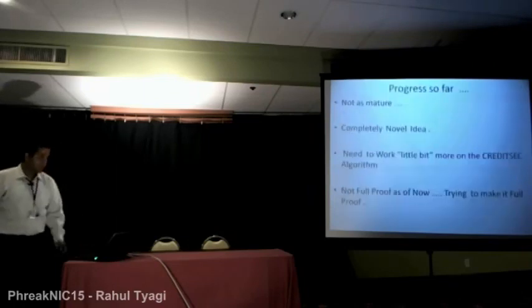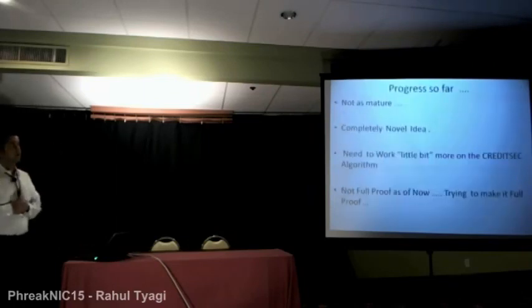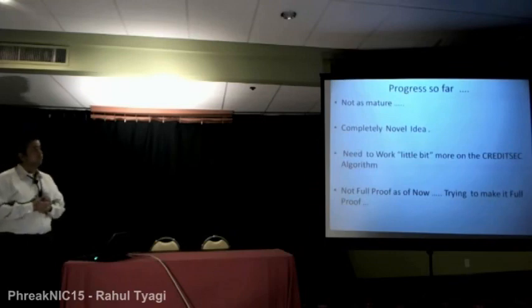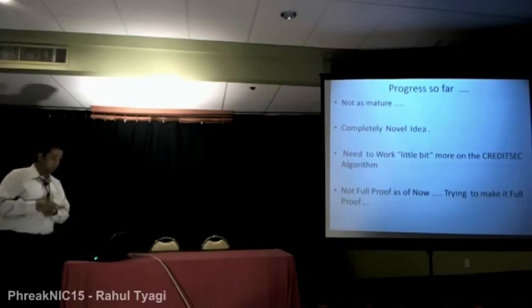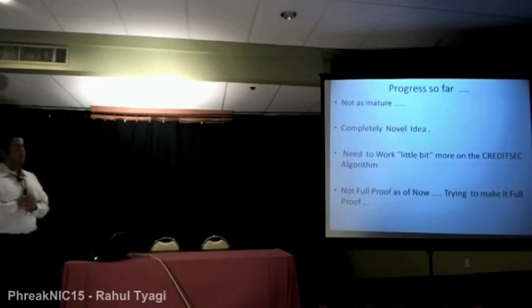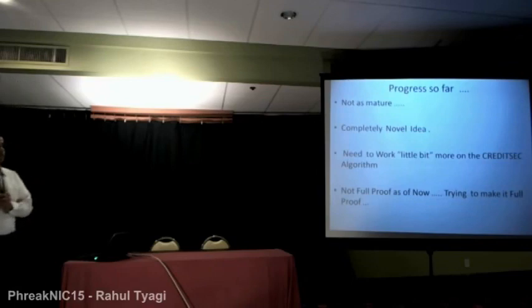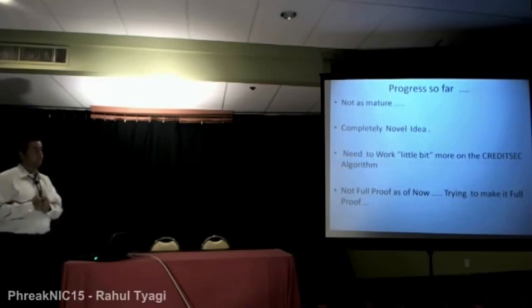The progress so far is that it's not as mature. I've been working on this for 7-8 months, but I've been active on it for only 1 or 2 months. It's a completely novel idea. I need to work a little more on the algorithm.